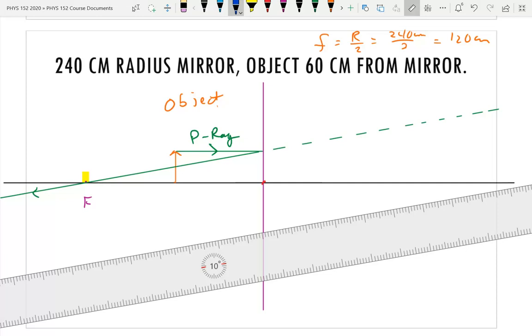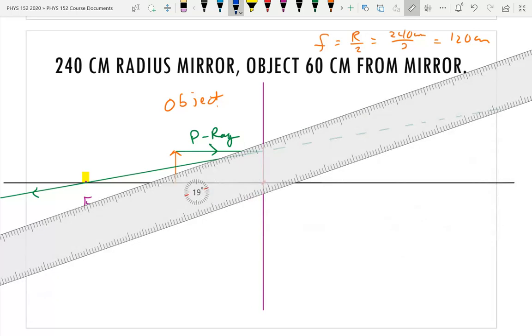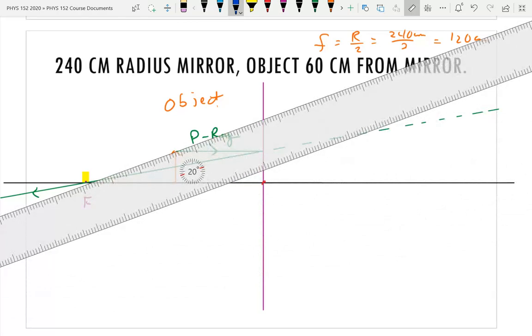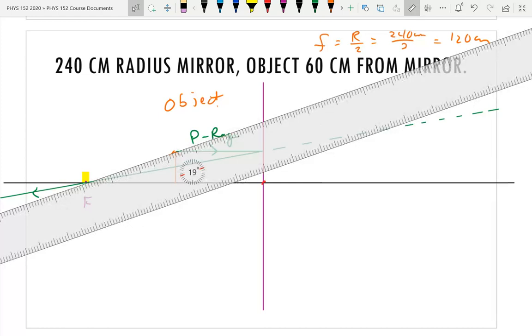Okay, so focal ray. How's the focal ray work? Tip of the object. Then what? To the focal point. Okay, so that means it's going like that.